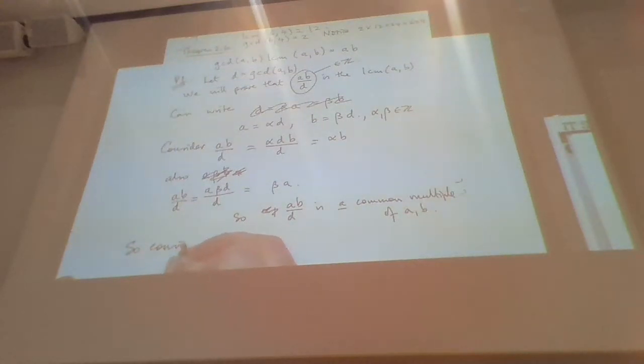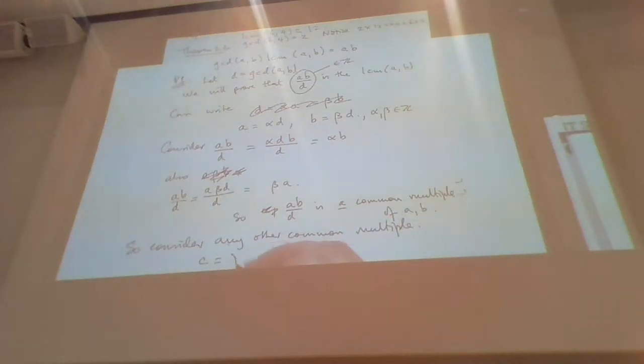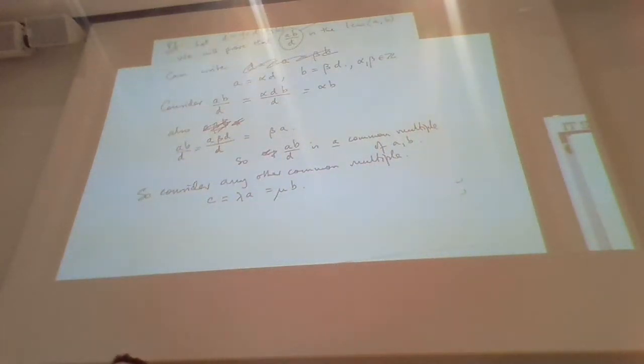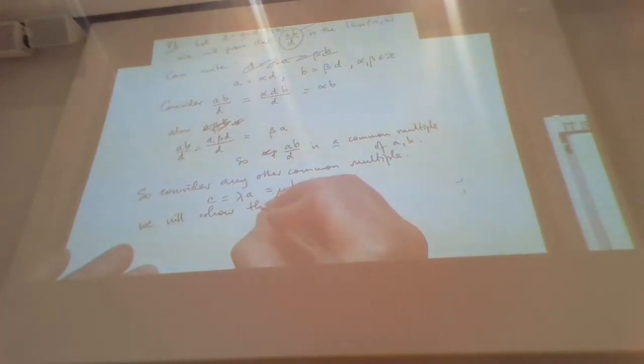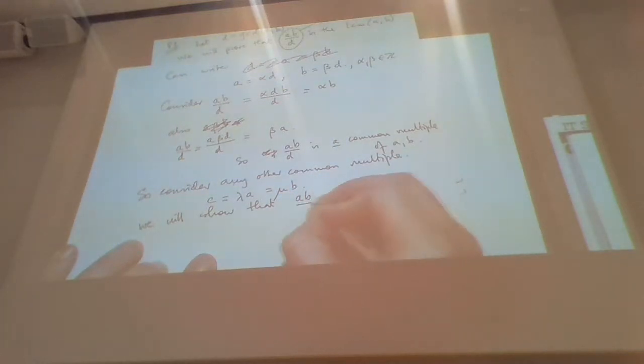So consider any other common multiple, let's say C, which is equal to a lambda times A and a mu times B. So there's some other number C, which is a multiple of A and a multiple of B. We will now show that AB over D divides C.